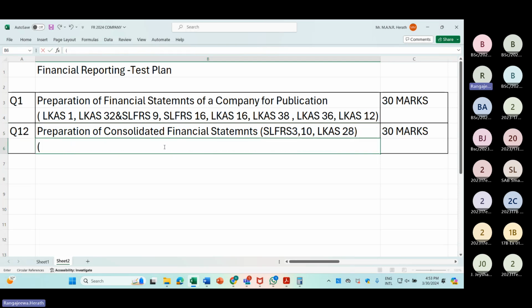So here you will be tested, since we had 10 marks, we had the consolidated balance sheet in our classroom test.